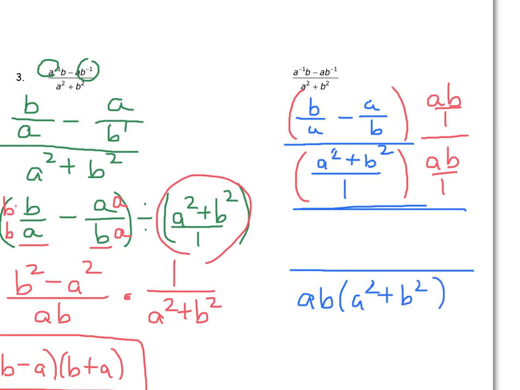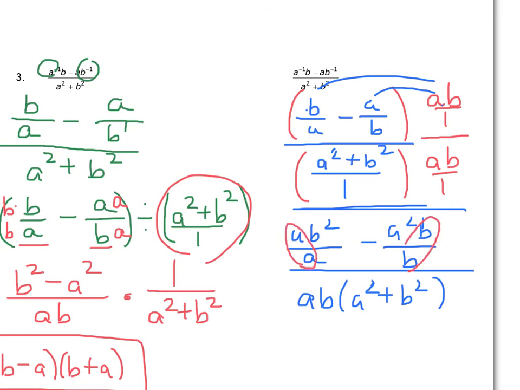As I multiply through the numerator, this is going to give me b times ab, which is going to give me ab squared over a. And here I'm going to get subtracting a squared b over b. So here's the reducing. I'm able to reduce here with the a's. I'm able to reduce here with the b's. Move it up a little bit.